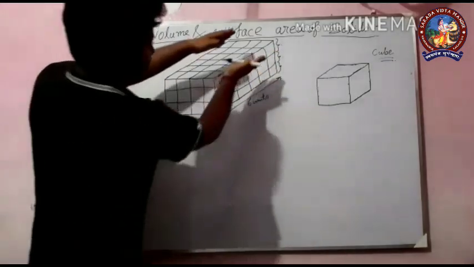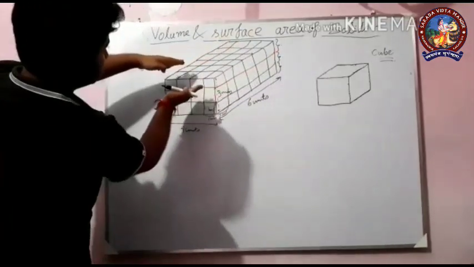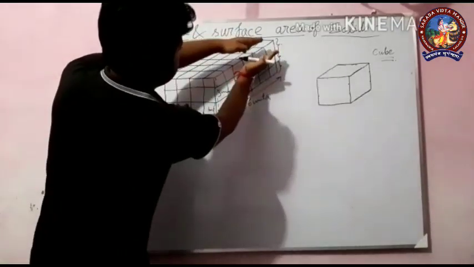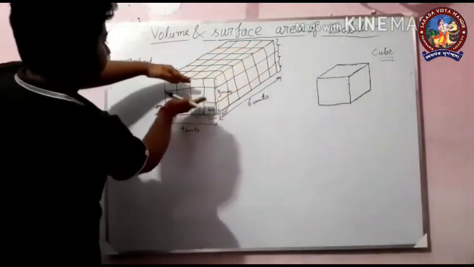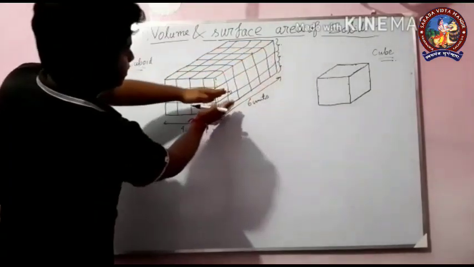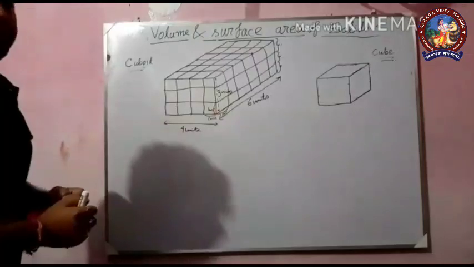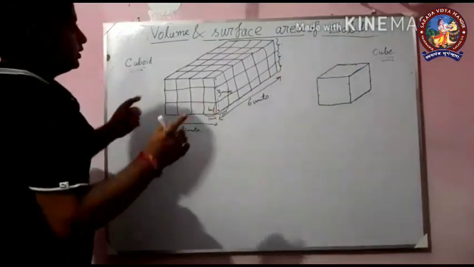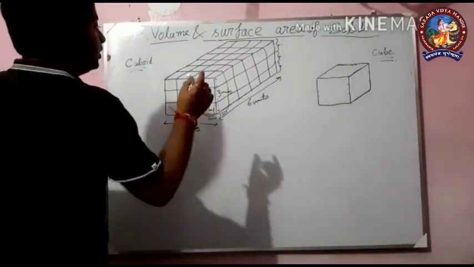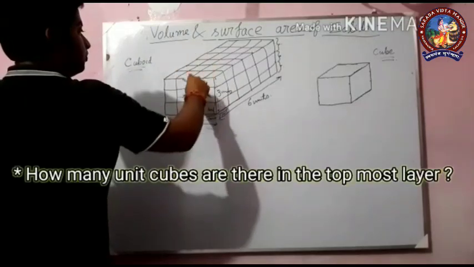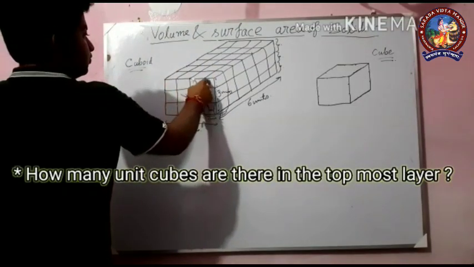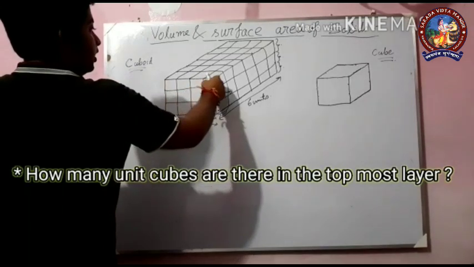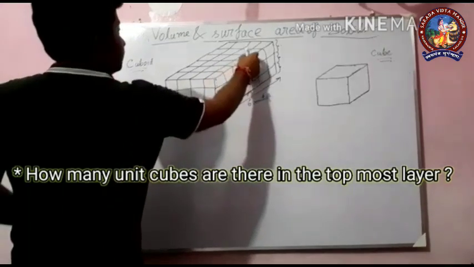So see here, this is a layer of unit cubes. This is the second layer, and this is the third layer. Okay. So at first I will count how many unit cubes are there in the top surface. This is 1, 2, 3, 4 and this is 1, 2, 3, 4, 5, 6.